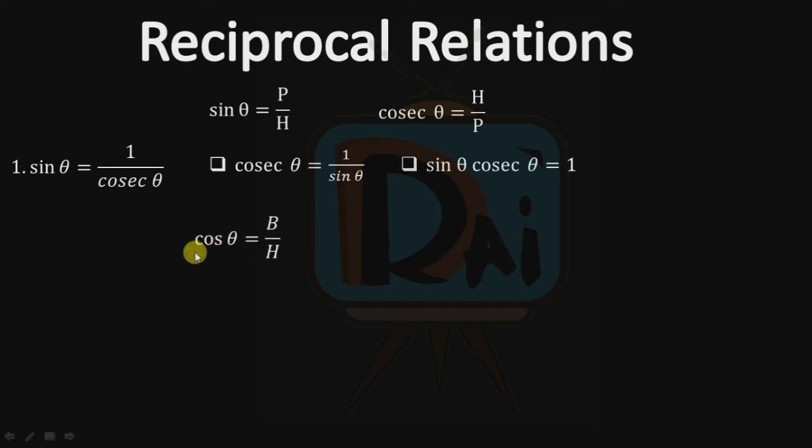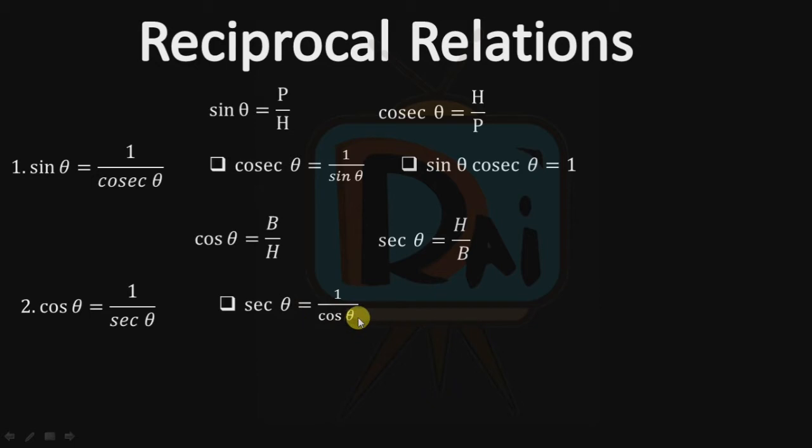Similarly, cos theta is equal to base by hypotenuse, and the reciprocal of cos is sec theta, which is hypotenuse by base. So from here we can write that cos theta is equal to 1 by sec theta, or sec theta is equal to 1 by cos theta, or cos theta sec theta is equal to 1.